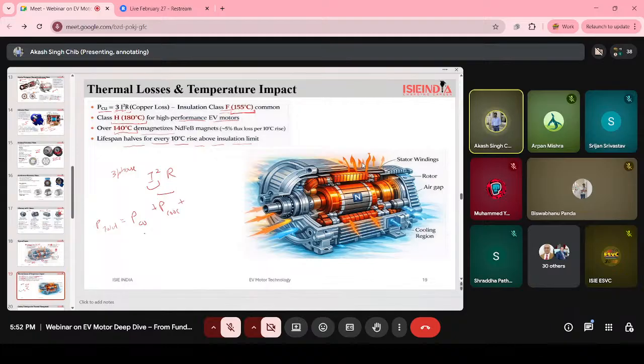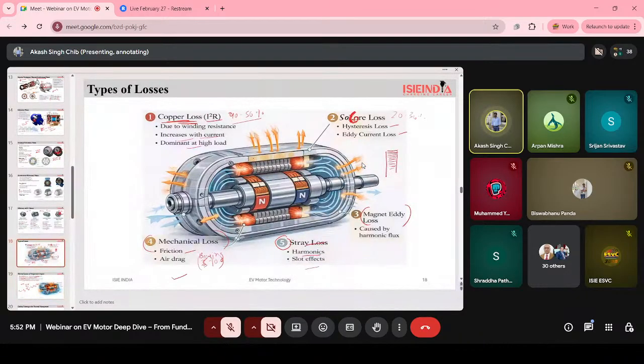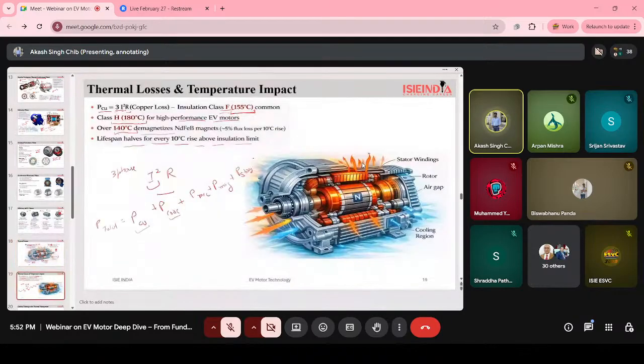You can calculate how much loss we get from the copper, then the core part, then the mechanical part, then the magnetic part, then the stray part, like in the previous slide where you have seen all these losses. You can calculate all the losses, and you will get how much power is lost due to the heating effect.